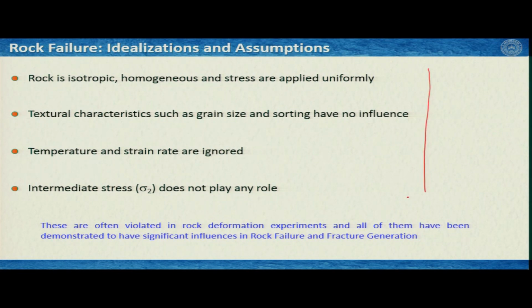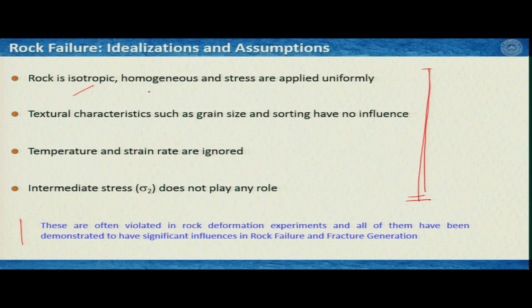Now, these are very sweet statements, but experimentalists generally do not try to follow any rule except the basic laws of science and physics. So, we generally deviate from this, and this is why this statement is written. These are often violated in rock deformation experiments, and all of them have been demonstrated to have significant influences in rock failure and fracture generation. So, that means if I deal with an anisotropic rock, it would vary from isotropic rock.